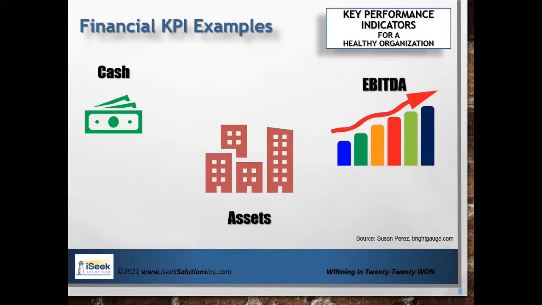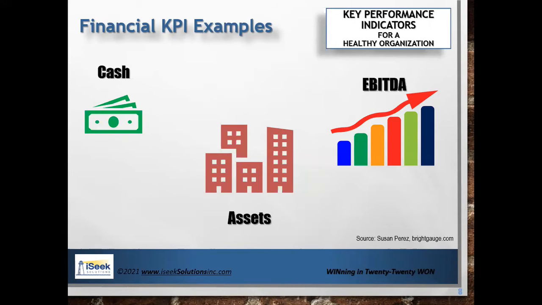This is another performance indicator. It shows what your earnings are. It shows what the generation of cash flow is for the owners of your company, and it judges the company's operational performance.